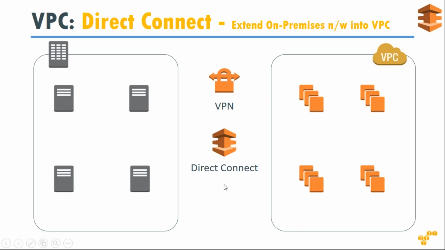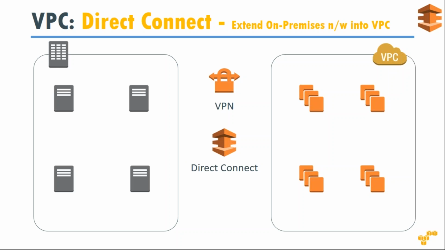When I say Direct Connect, Amazon has tied up with a lot of internet service providers. They will lay a physical cable from your data center to the Amazon data center, and each of these cables will be from a minimum of 1 Gbps to a maximum of, I'm sorry, not 100, 10 Gbps.